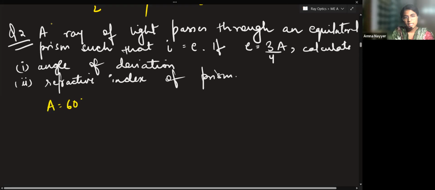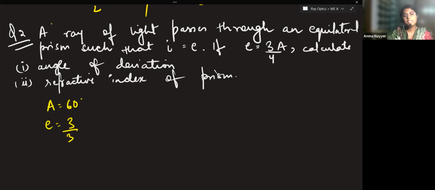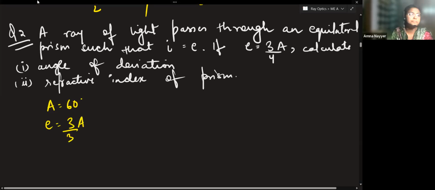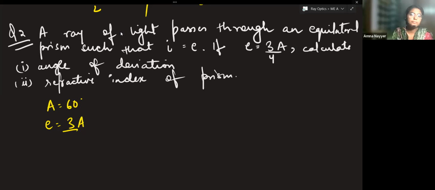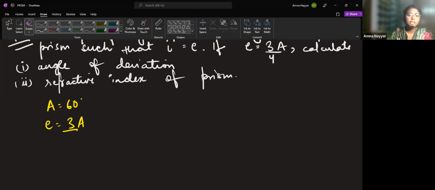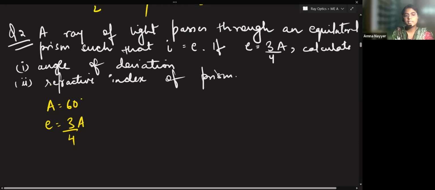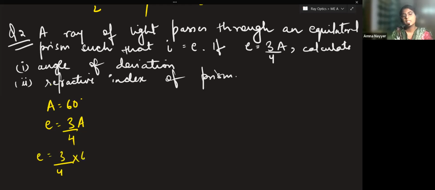See, the angle of prism is 60 degrees. Emergence is 3/4 of A. So A is 60, so E will become 3/4 into 60. So this becomes 15 into 3, that is 45 degrees.